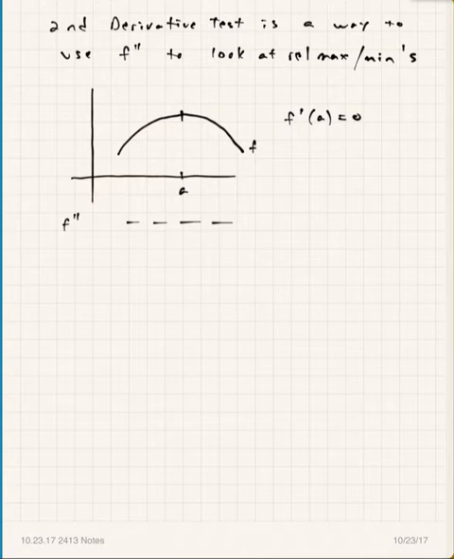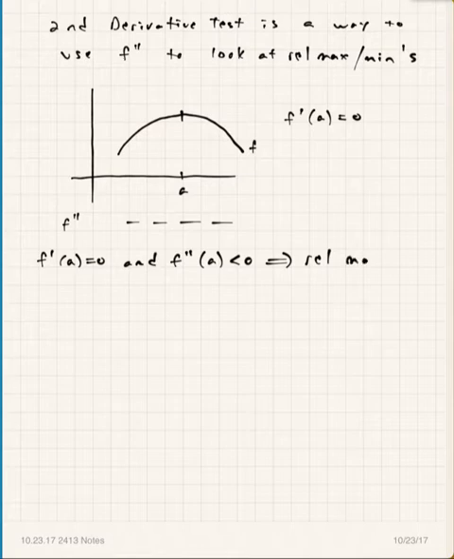So what we're seeing is that if the first derivative of a function is 0 and the second derivative at some value a is negative, then you have a relative maximum. So this is a way of taking a critical number where the derivative is 0 and the fact that the second derivative is negative to conclude that you must have a relative maximum at a.